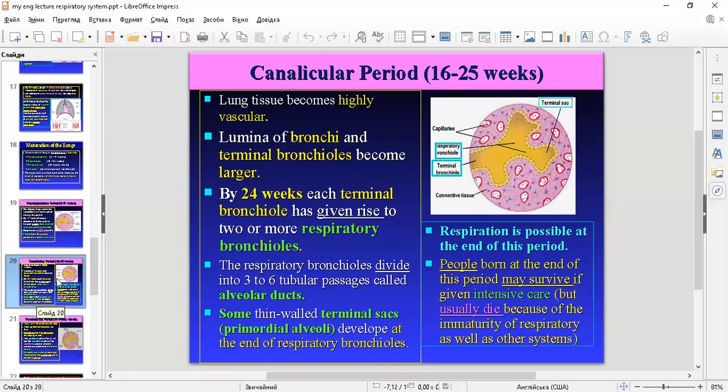The respiratory bronchioles divide into 3 to 6 tubular passages called alveolar ducts. Some thin-walled terminal sacs, primordial alveoli, develop at the end of respiratory bronchioles.